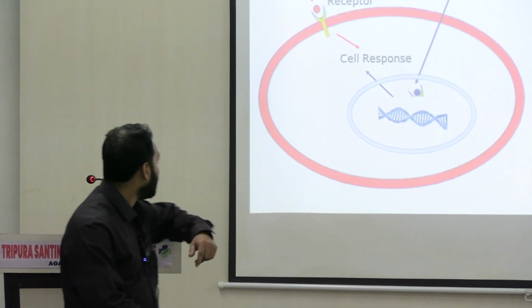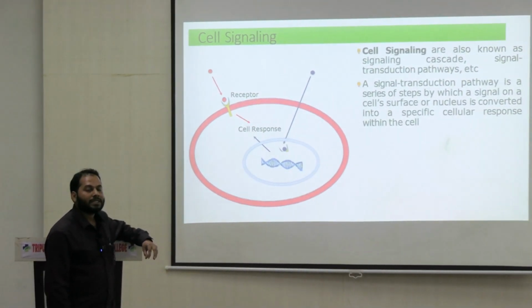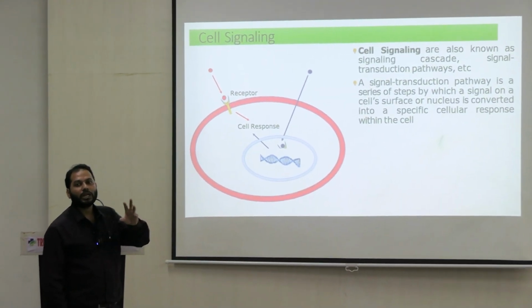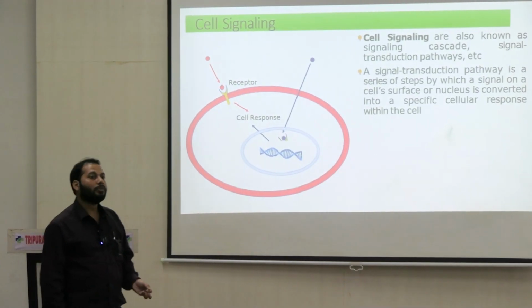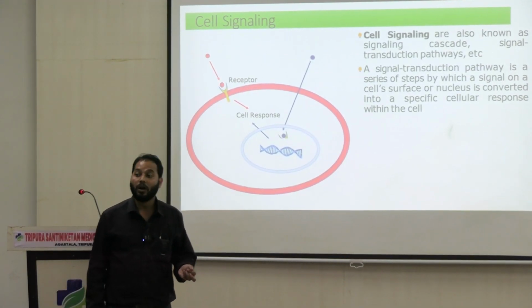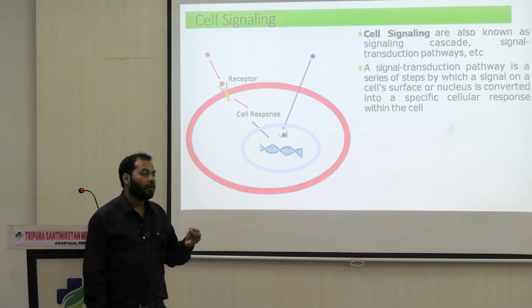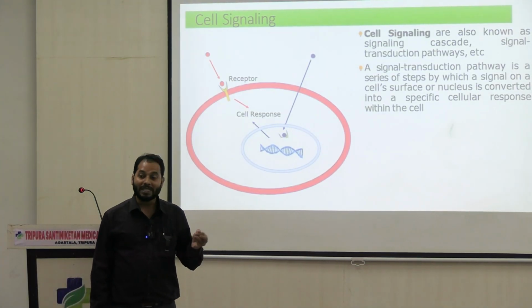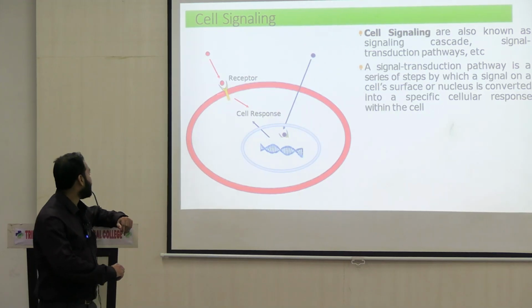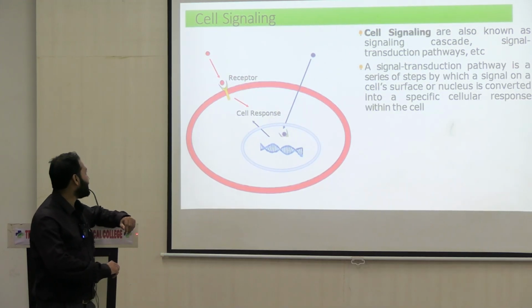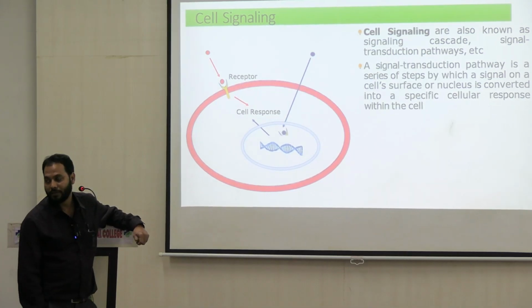So here you can see this one is the signaling molecule. A signaling molecule is actually a biologically active molecule, right? And that biologically active molecule is also known as the ligand. Binding of that signaling molecule to specific receptors is very vital. Here you can see this receptor is specific for this signaling molecule or ligand only.